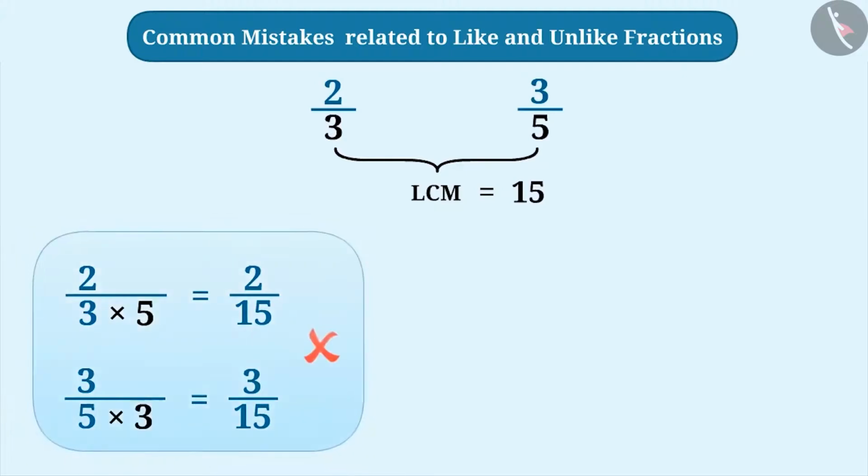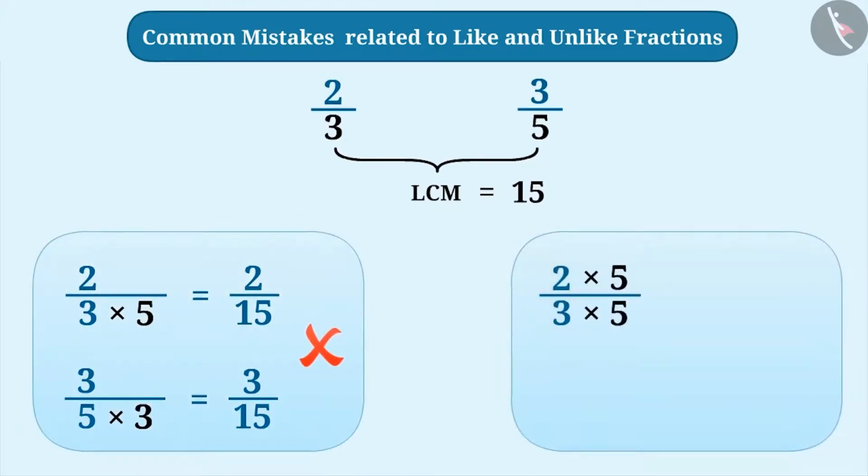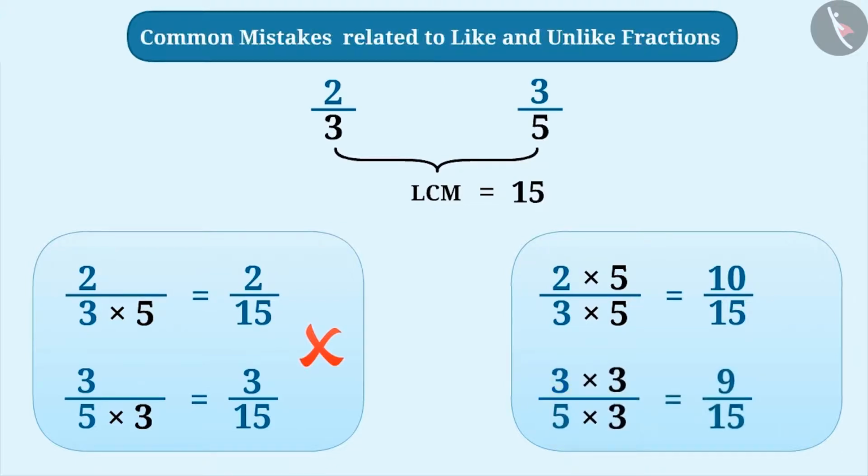We must multiply both the numerator and denominator by 5 to get 10 by 15, which is the equivalent fraction of 2 by 3. Similarly, multiplying the numerator and denominator of 3 by 5 by 3 gives its equivalent fraction of 9 by 15. Now, 10 by 15 and 9 by 15 have equal denominators.